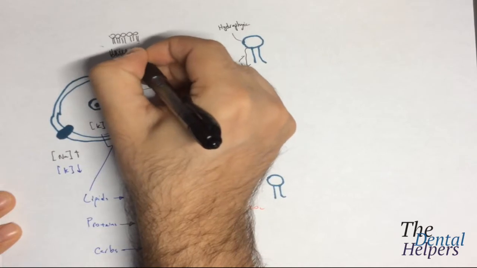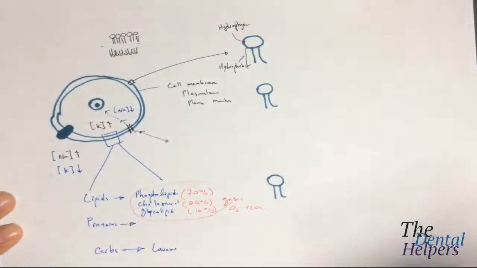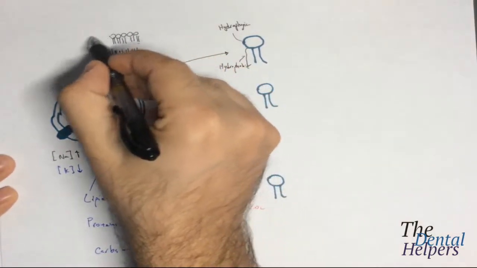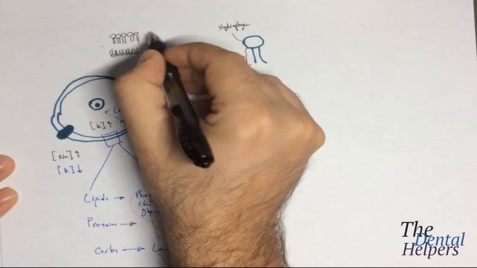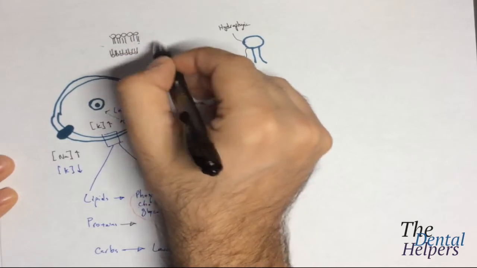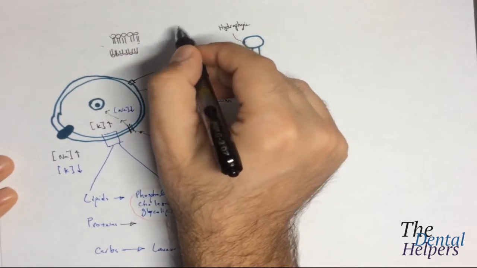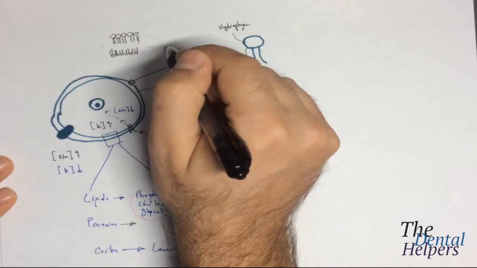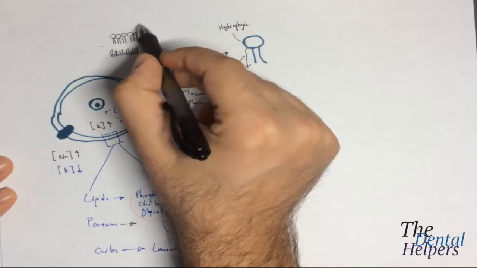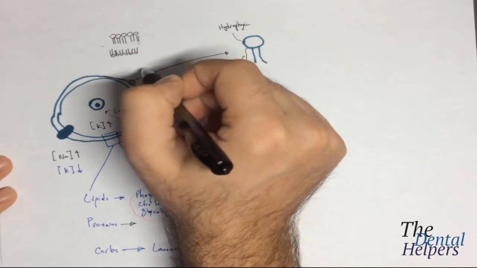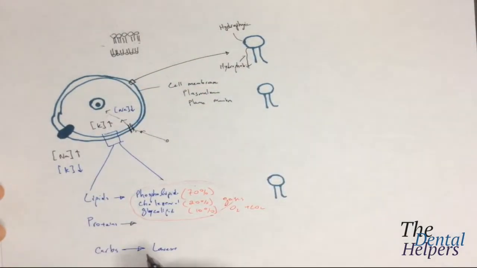And it's going to kind of look like this. And so this goes into the fluid mosaic model, where it shows this lipid bilayer plus integral proteins, which we're going to get into later, and transmembrane proteins that are going to allow for communication across this lipid bilayer.